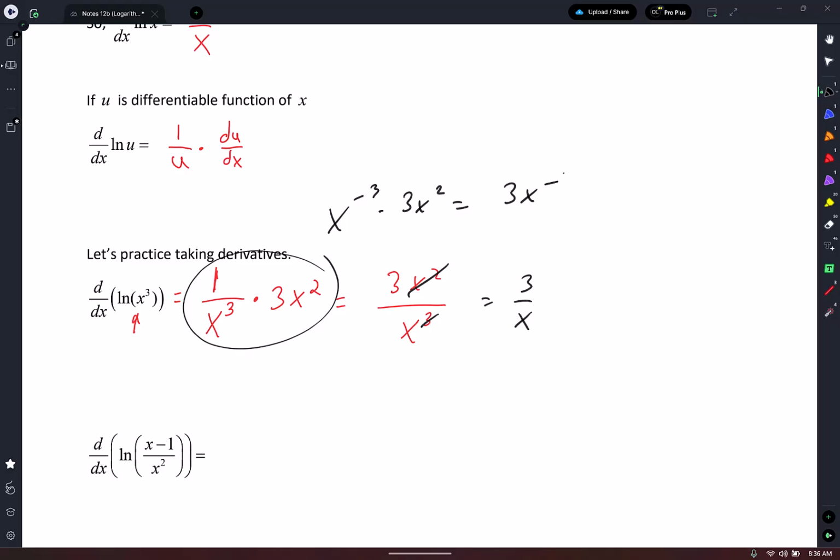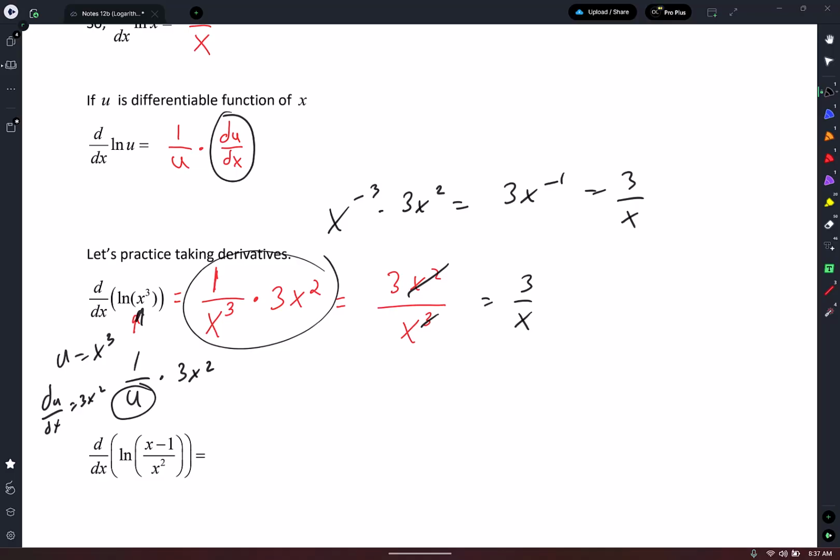Because it says du dx. If u equals x cubed, then 1 over u times du dx, which is 3x squared. So you go times 3x squared, and then replace back what u is, which is x cubed.